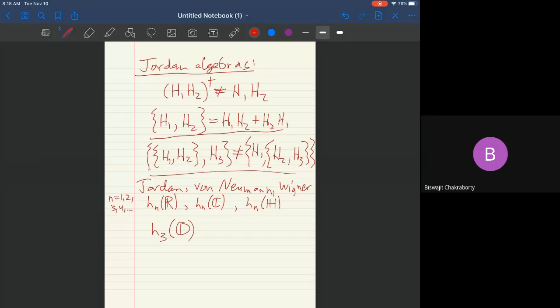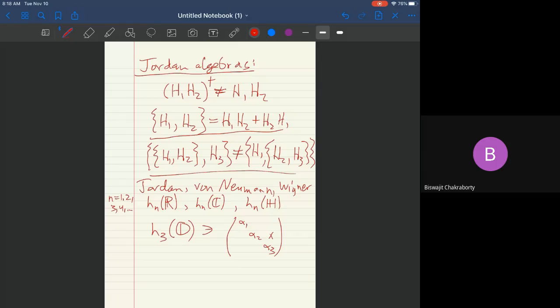An element of this algebra is a 3 by 3 Hermitian matrix. Its diagonal elements are real numbers, alpha 1, alpha 2, and alpha 3. Its off-diagonal elements are octonions, but since it's Hermitian there are only 3 independent octonions, because if you take the dagger, it's equal to itself.